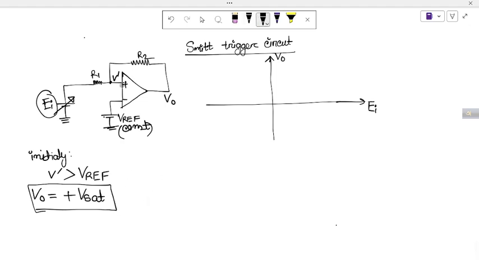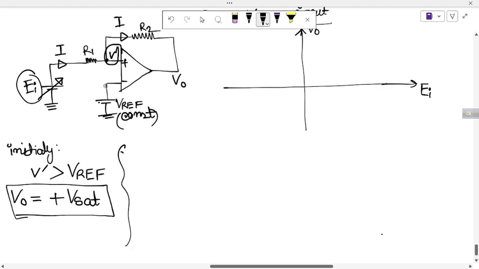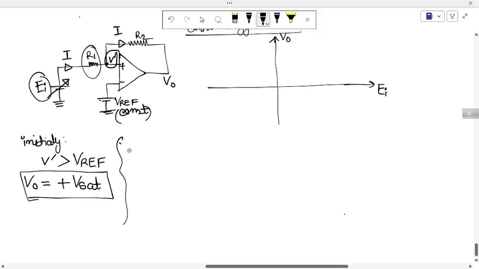Now let's obtain an equation for V prime. If the current conducts in this direction through R1 and then goes to R2, we write Ohm's law across R1: I is equal to the voltage difference across R1, EI minus V prime, divided by R1.